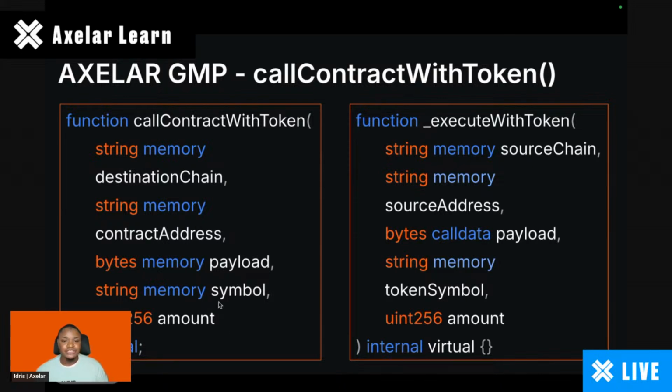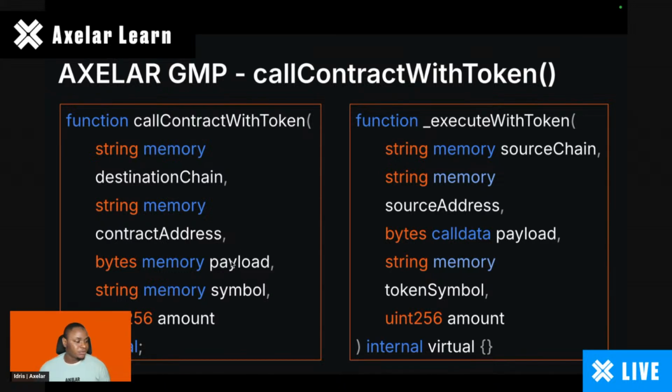The amount you want to send, and the symbol of the asset you're trying to send. Let's say you want to send USDC on mainnet, or AUSDC on testnet, from one chain to the other. You just specify the amount and add the symbol as AUSDC or USDC, depending on what the enum looks like. You can also find all of these details in our documentation.